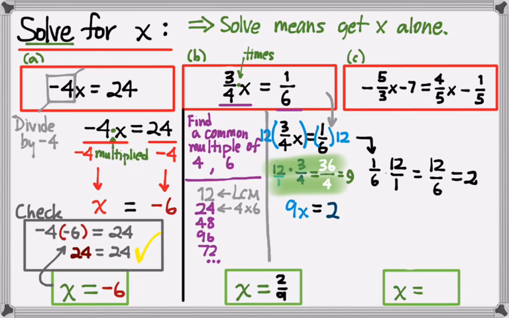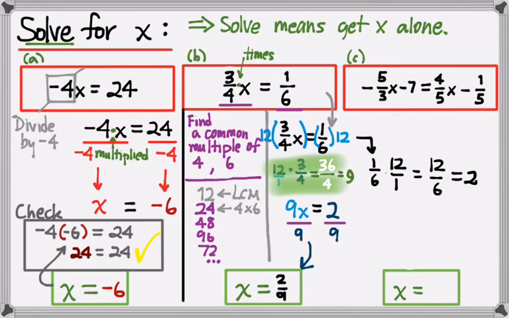As long as I did this fraction arithmetic correctly, as long as I multiplied the fractions in the right way, I'm going to get an equation which is still true, but which doesn't have fractions left anymore. We can deal just in whole numbers. From that equation, 9x equals 2, how do we get x by itself? Divide by 9. And sure enough, that gets us directly to the answer that we had before, x equals 2/9.